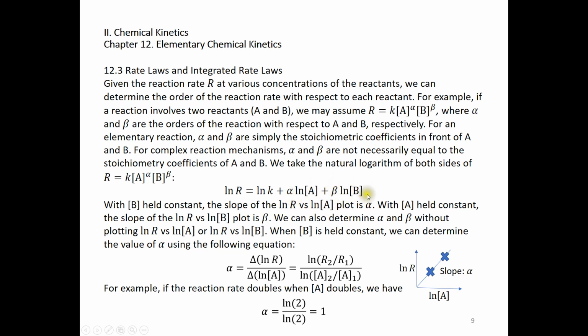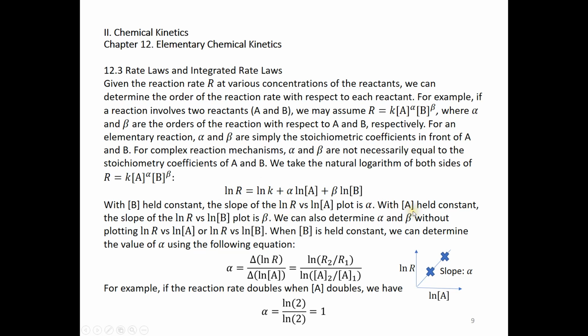So again, if B is constant, we can view ln k plus beta ln B, these two together, as the intercept. When we plot ln R versus ln A, alpha is simply the slope.